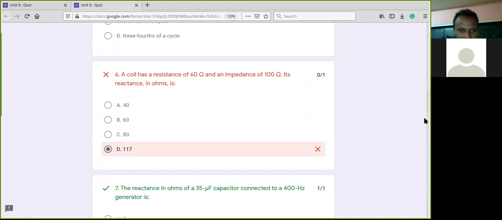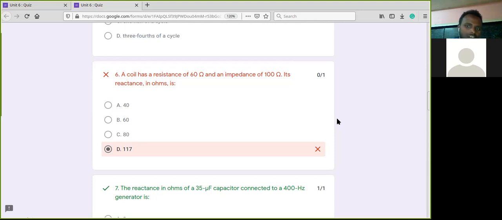The correct answer is 80 because the impedance is equal to the total. The impedance is Z, yes? So Z is the square root of R squared plus the reactance part, the whole squared.